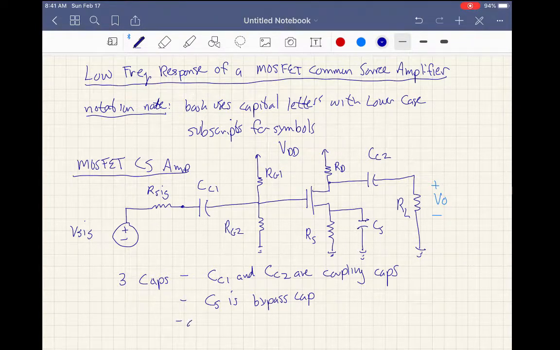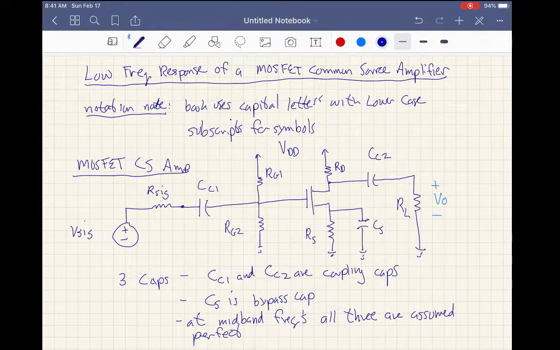At mid-band frequencies, all three are assumed to be perfect short circuits. Basically, they don't exist; they're replaced by shorts. Again, we say frequencies because mid-band is a range of frequencies. That's how we define the bandwidth.